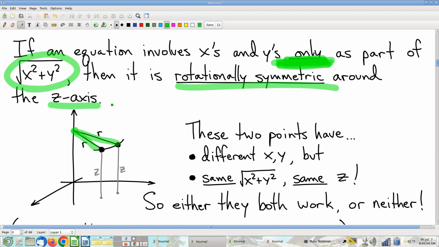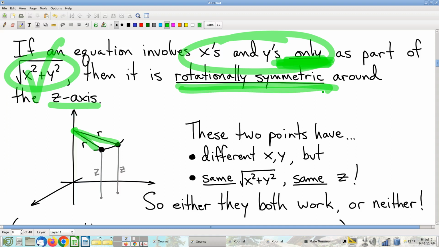And you get that at a glance. Just look for where the x's and y's are and make sure that they're all stuck inside of an expression like this. That's all you've got to do. Eyeball glance, powerful geometric conclusion. This is an awesome tool for doing three-dimensional algebra and surfaces and that sort of thing.